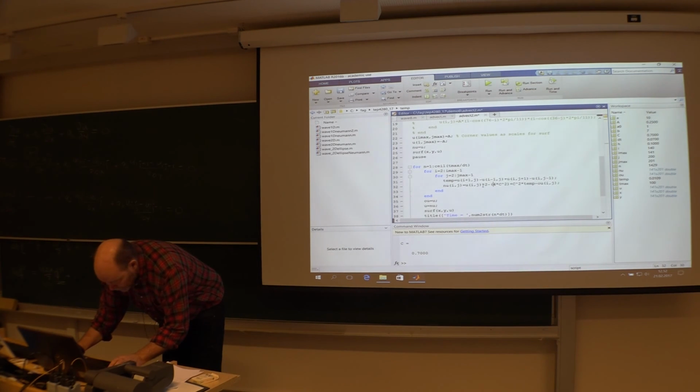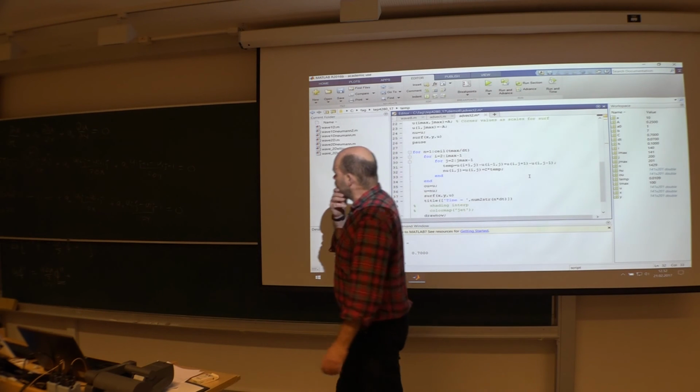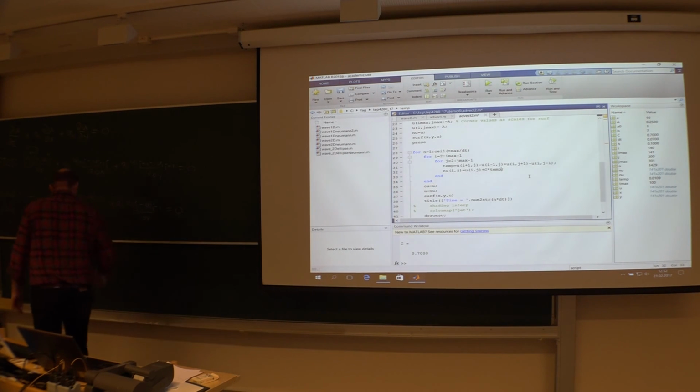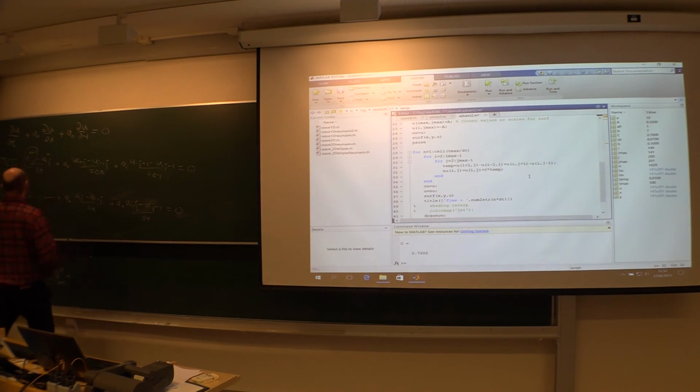And then we should be able to write it something like this. We have the Courant number multiplied with our temp. Let's see, is that one correct now? We better write it out explicitly so we can see it. Isolate this one. U_ij^(n+1) equals U_ij^n on the other side, and then you will have minus.